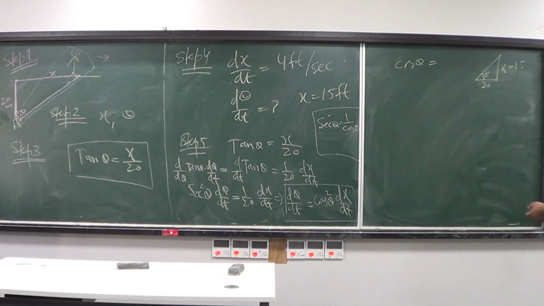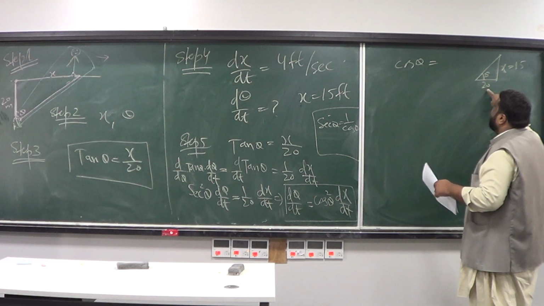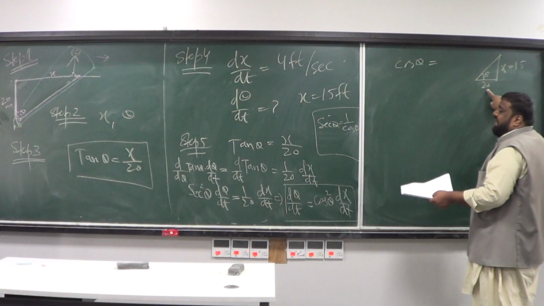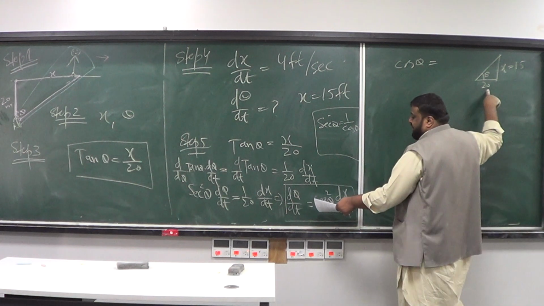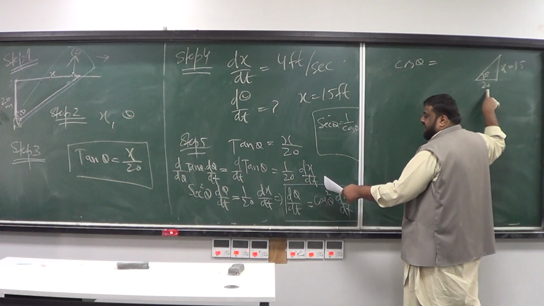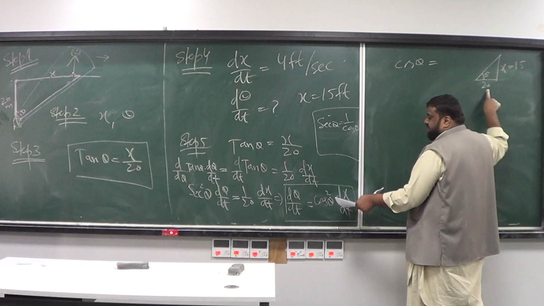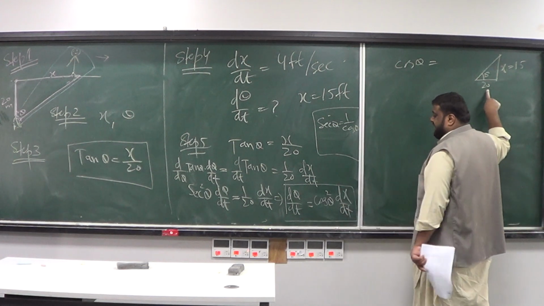The other way could be to again use tangent θ, use 15 by 20 and figure out the θ, and then substitute that θ into cos²θ, and then calculate the value of cos²θ. Then cos²θ is known to you, dx/dt is known to you, so you can calculate dθ/dt.